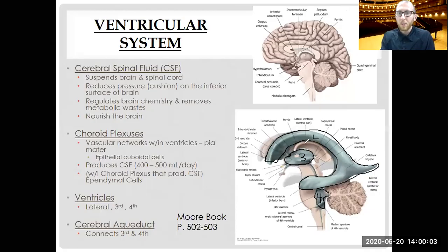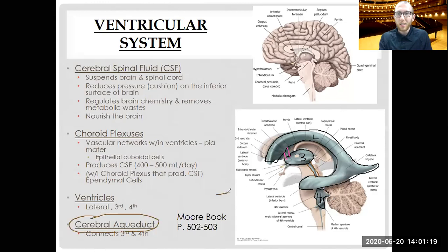Okay, so down below I've outlined the different ventricles for you. There are 2 lateral ones, one on the left, one on the right, but then just 1 third ventricle and 1 fourth ventricle, as you can see down here. Now, what connects the third and the fourth is called the cerebral aqueduct.